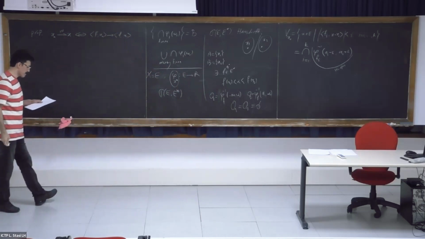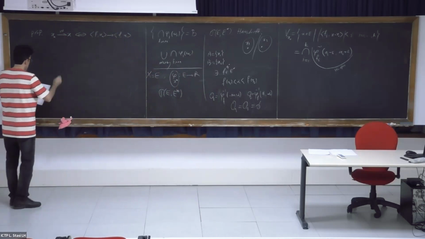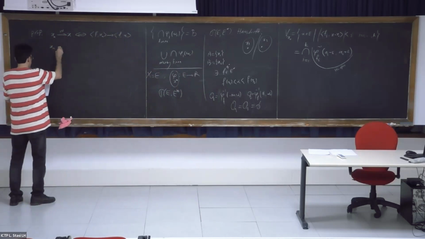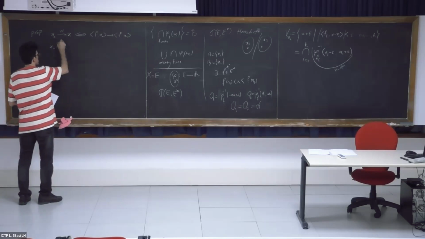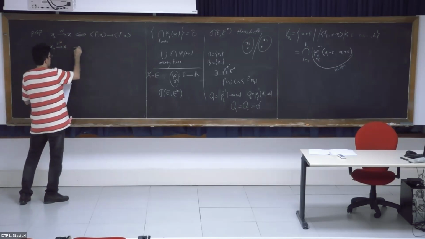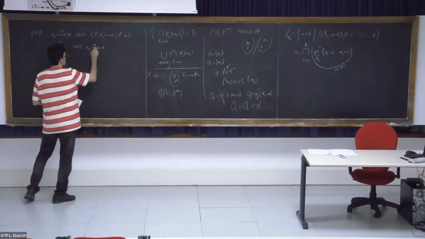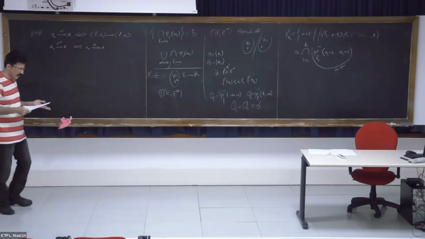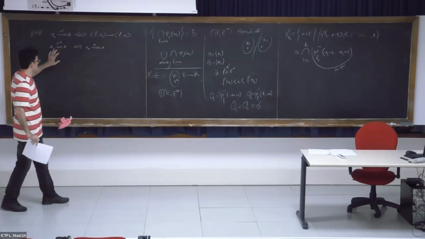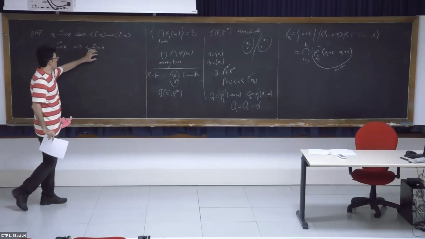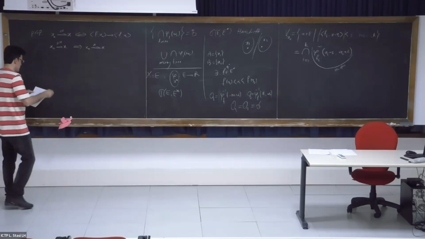This property is mentioned in the definition of weak topology. And xn goes to x strongly, by the norm topology, implies the convergence in the weak topology. They are easy because, as you know, the weak topology has fewer open sets, and this is easy.